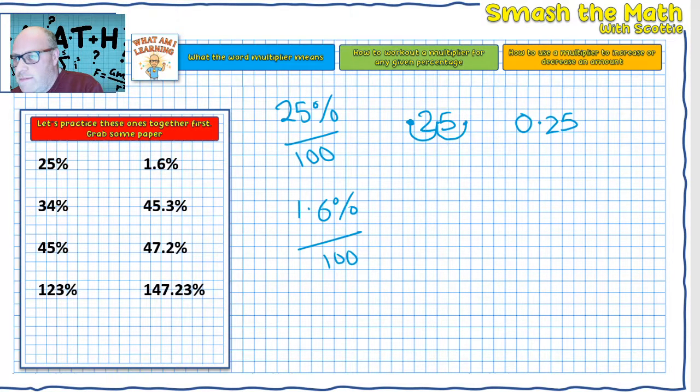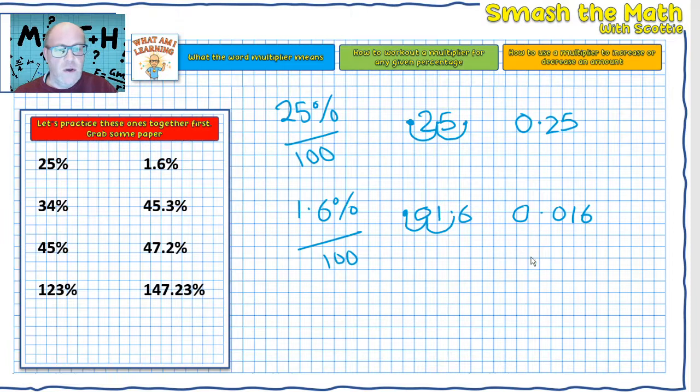So 1.6, I'm going to move this 2 decimal places, so I'm going to go 1, 2, put my 0 in here. So now I've got 0.016, that's 1.6 divided by 100.